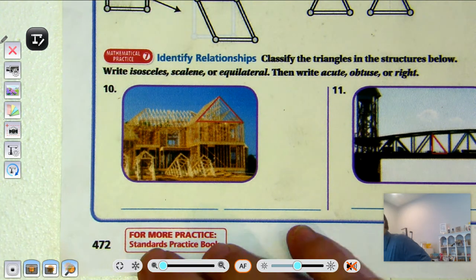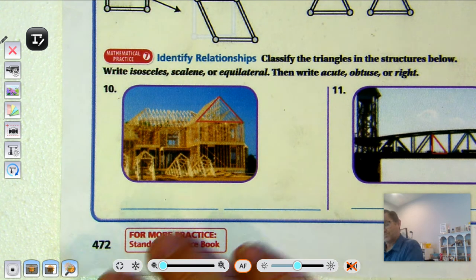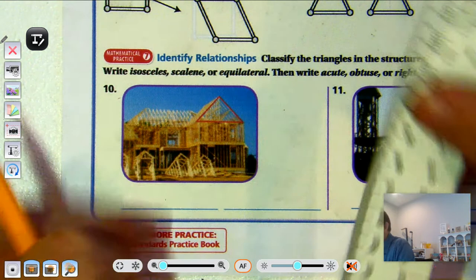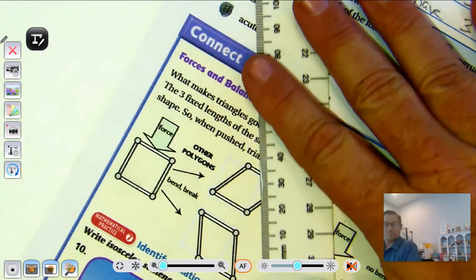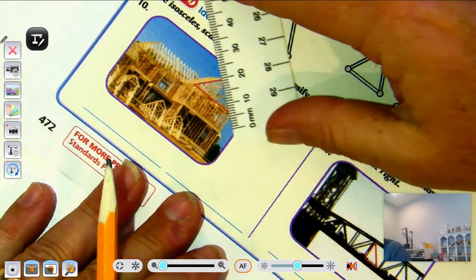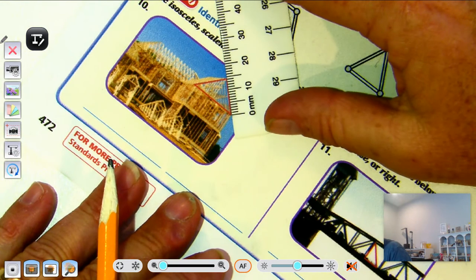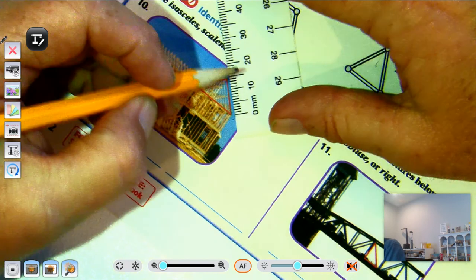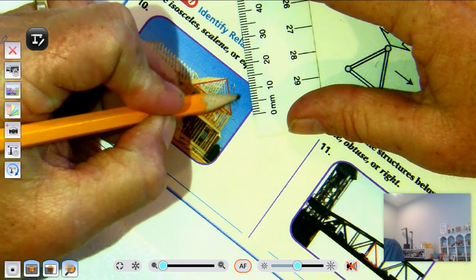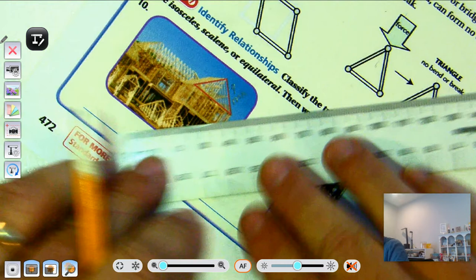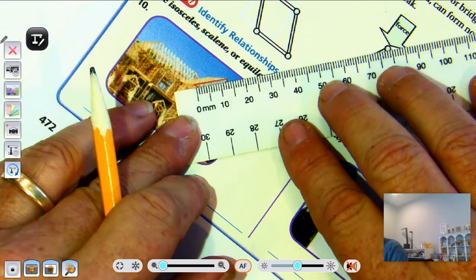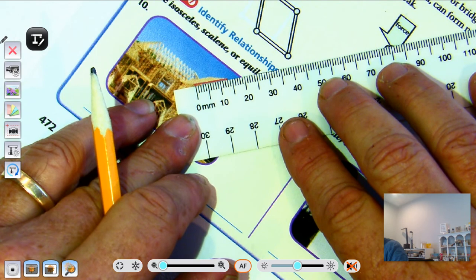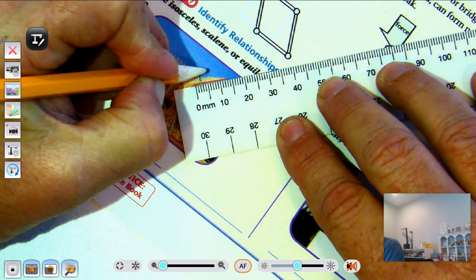All right. So number 10, let's measure the sides. I'm going to call that about 9 millimeters. This side is about 13 millimeters.